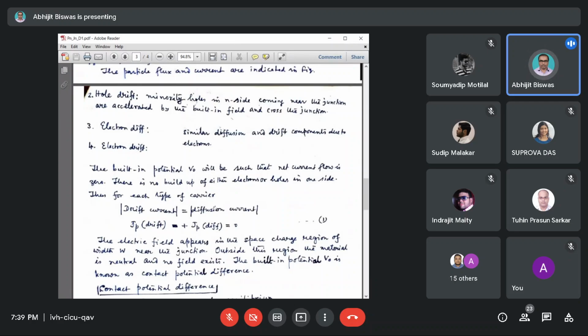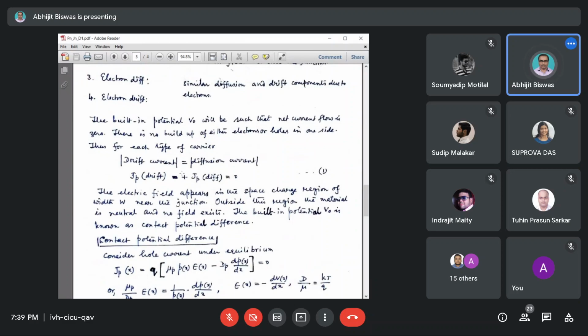Apart from this, another important thing you must note is that there is no buildup of either electrons or holes on either side, and there is no sink. Under this condition, we must assume that for each type of carrier, the magnitude of drift current must be equal to the magnitude of diffusion current.